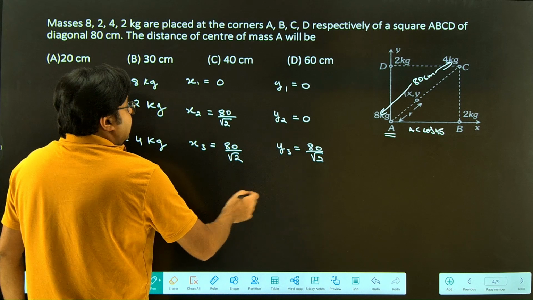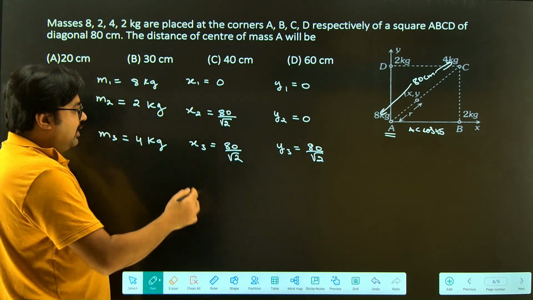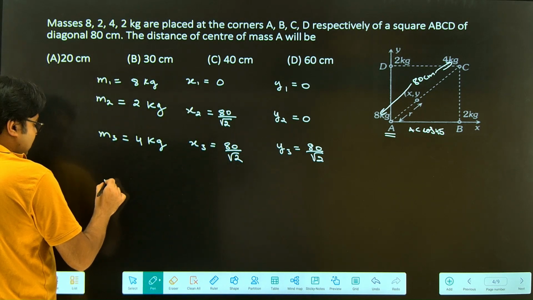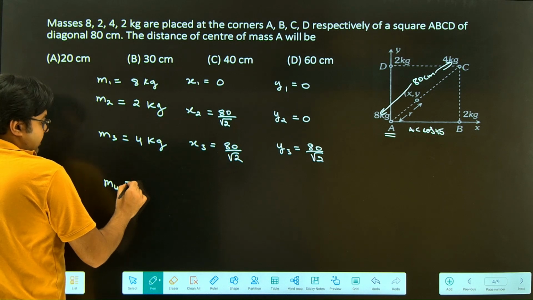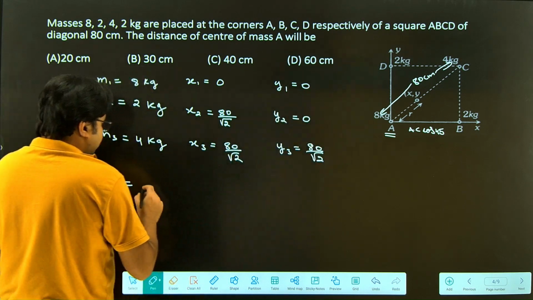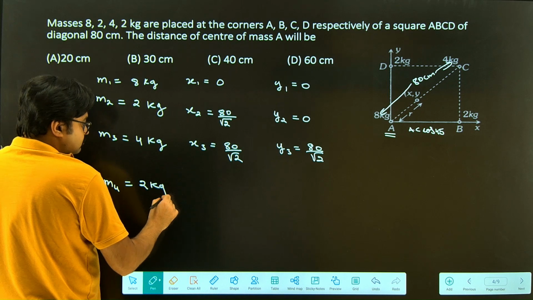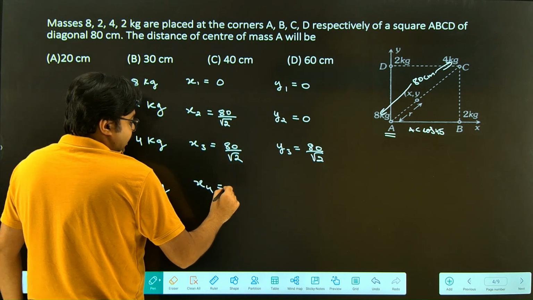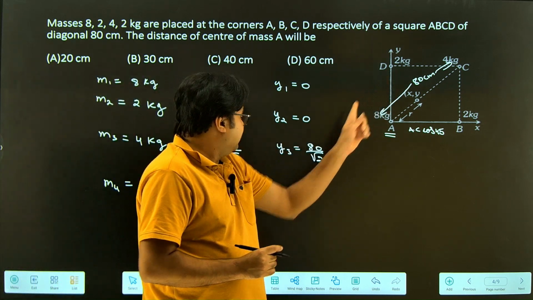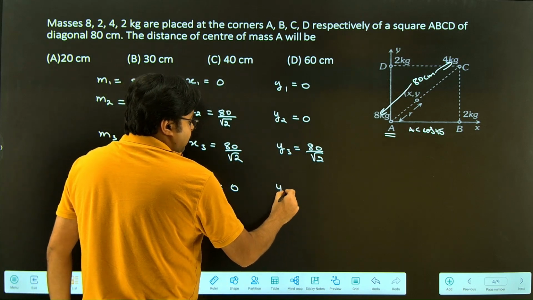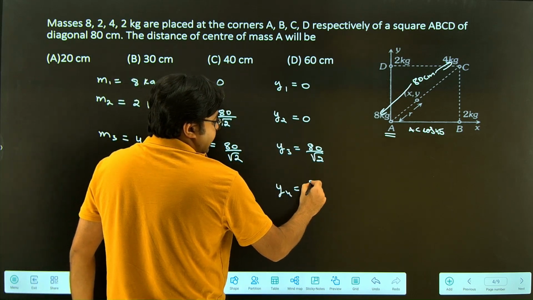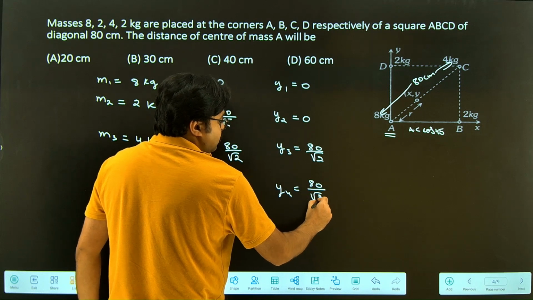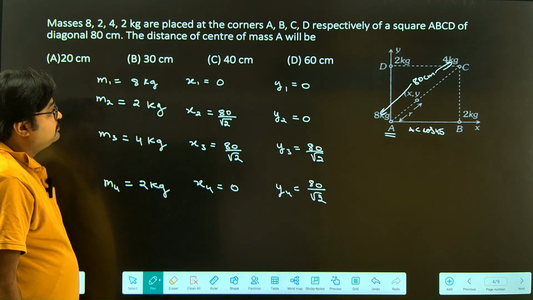Everything is in centimeter. I wouldn't be writing the units there, but then it's all understood. M4 is equal to 2 kg and X4 is 0 because it's on the y-axis, and Y4 is equal to 80 divided by root 2.